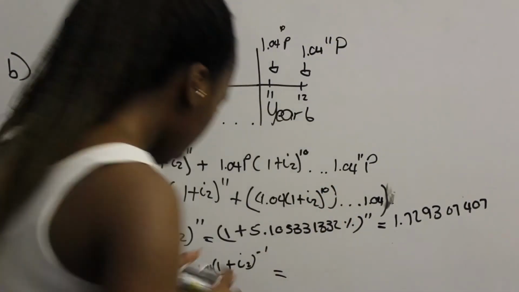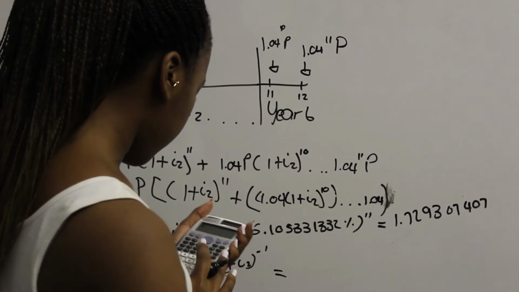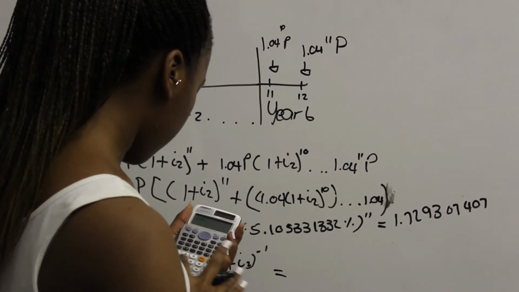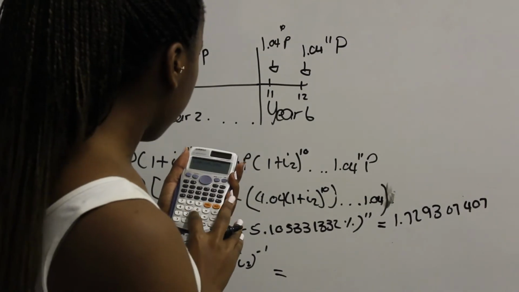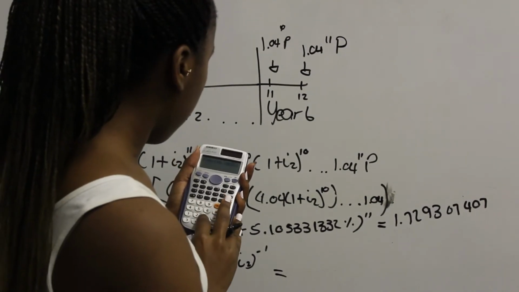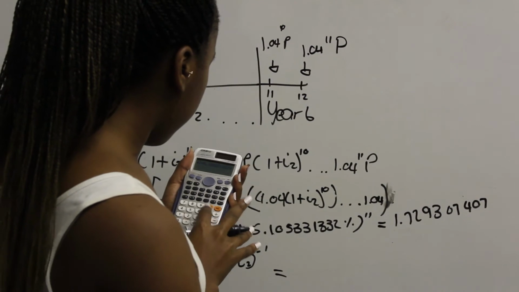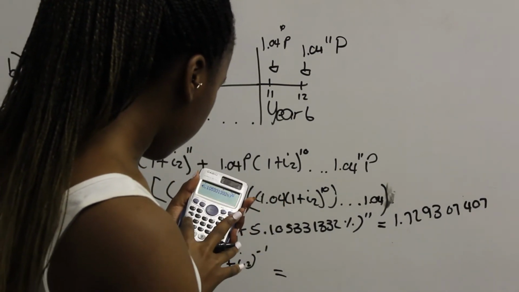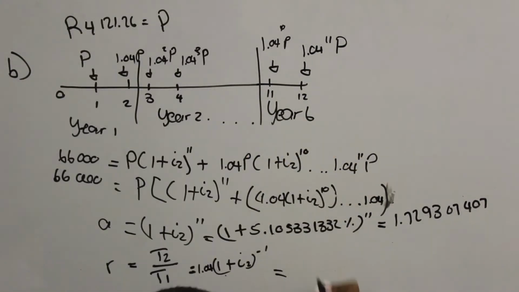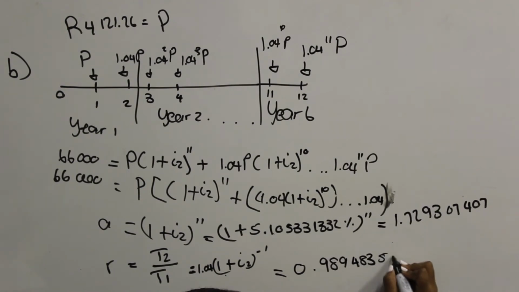And this is equal to, when you substitute i here, 0.9894835845.